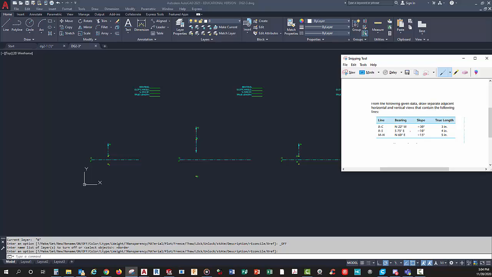Now on this one over here, number 2, RS, this one is south 75 degrees east. So that means we're going to be going down, which is south, and we're going 75 degrees east. So we're going to measure, 0 is here on the bottom. Normally we'd say 270, right?